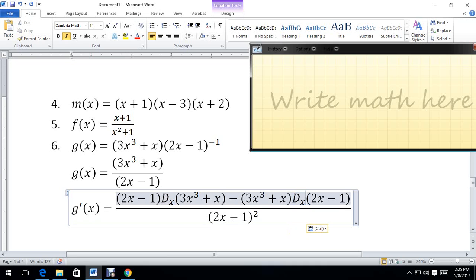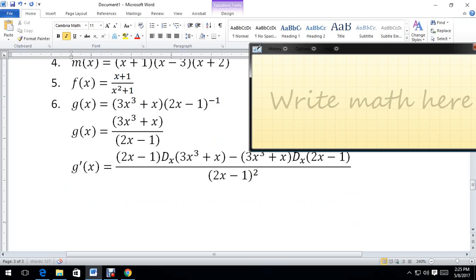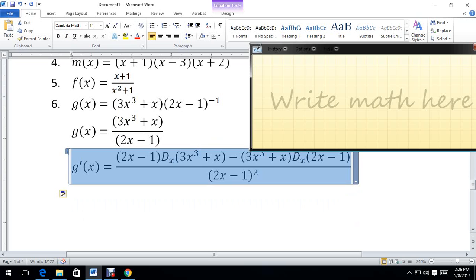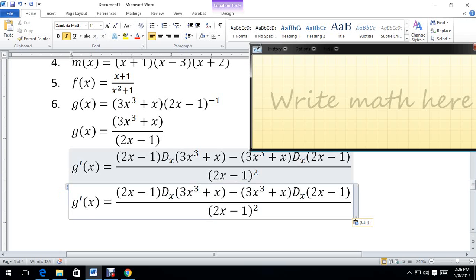Again, 2x minus 1 is low, 3x cubed plus x is high, so the derivative of the quotient is low times derivative of high minus high times derivative of low, over low square. Okay, so the next step in our differentiation is we perform the differentiation of the parts, wherein we apply the process of differentiation.